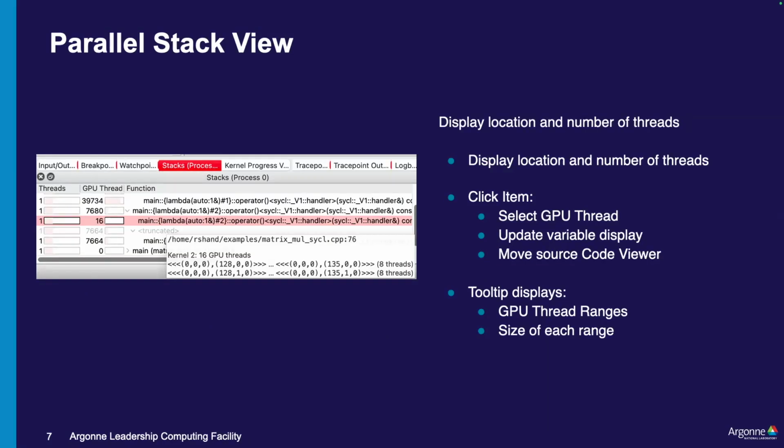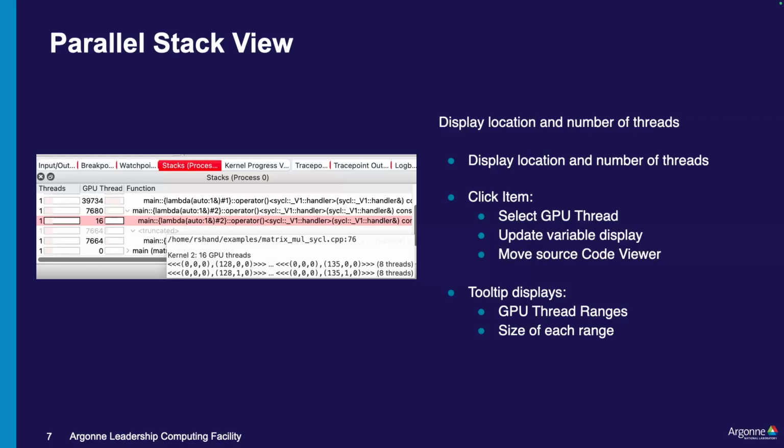Along with that, we also have the stack view, and this gives you a different representation of debugging. If you click on one of these stacks, you can see the location and the number of threads. We're running the main function with 39,000 threads.